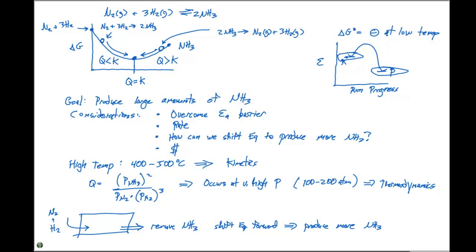So as we decrease our concentration, as we decrease the partial pressure of NH3, it will shift this reaction forward. It's going to change our value of Q. It will make Q smaller. And we're going to proceed farther and shift this equilibrium.